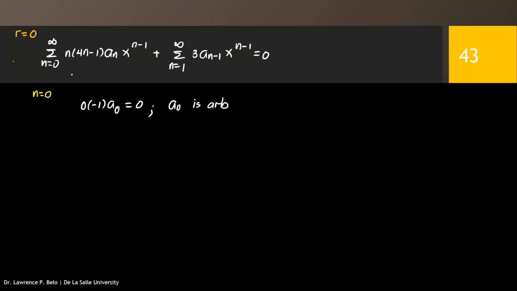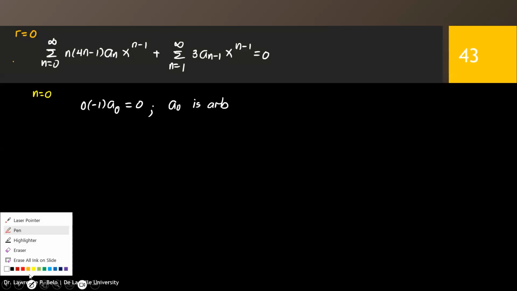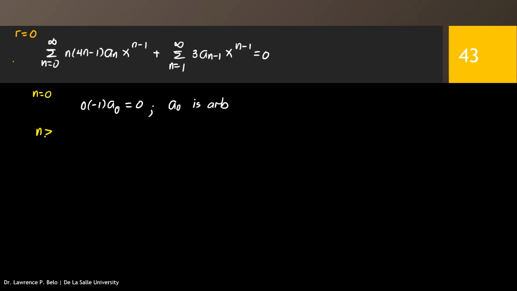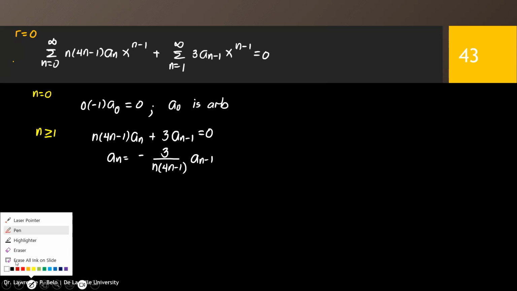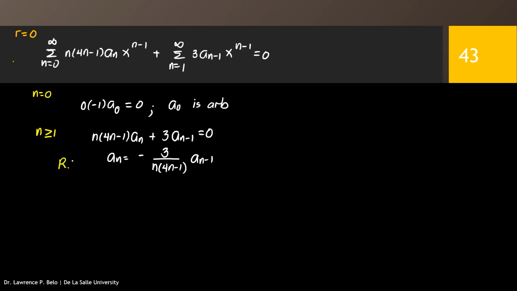Now, when n is 1, both will be activated. So I can say that when n is greater than or equal to 1, I'll have 4n(n minus 1) a sub n plus 3 a sub n minus 1 is 0. So here, a sub n is negative 3 over 4n(n minus 1) a sub n minus 1. So that means this is already our recursive relation.